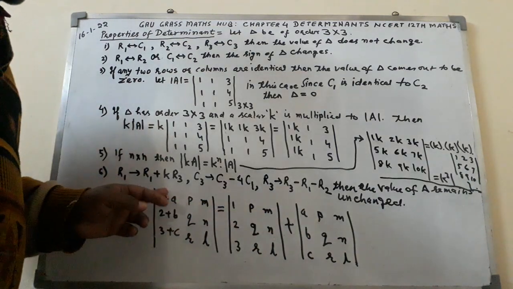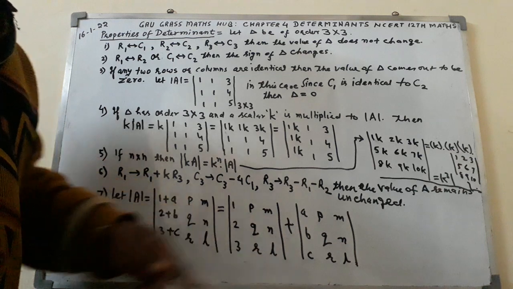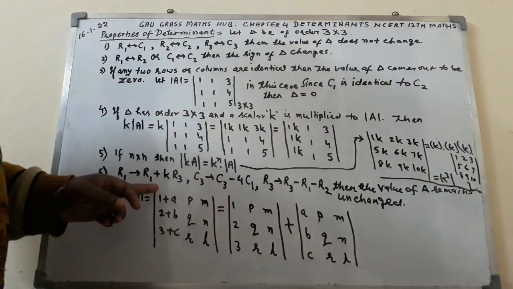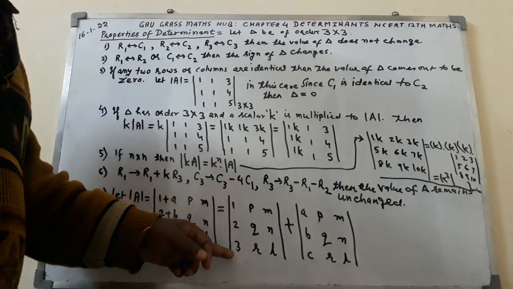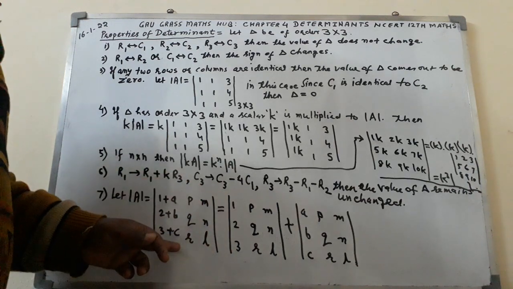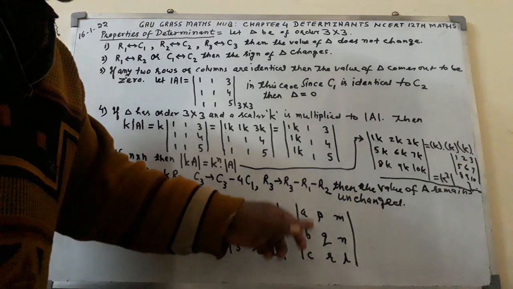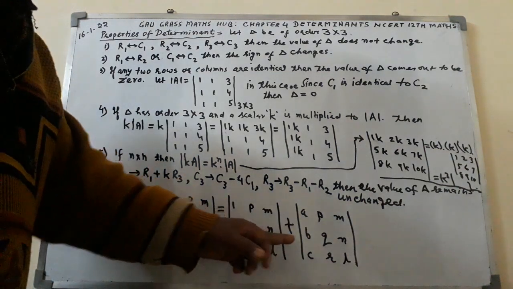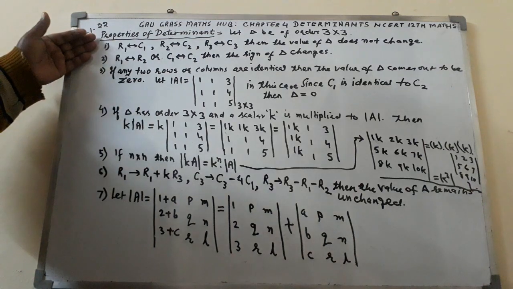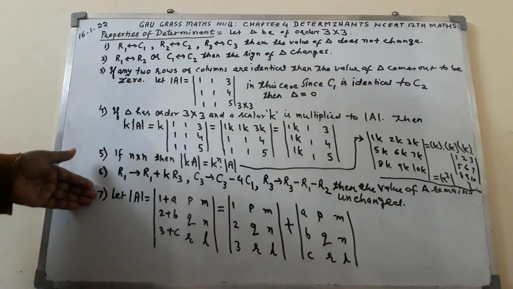Further, this plus will be added here, and here 1, 2, 3 represented here as 1, 2, 3, and A, B, C will be represented here as A, B, C, and this plus will be reflected at this place.